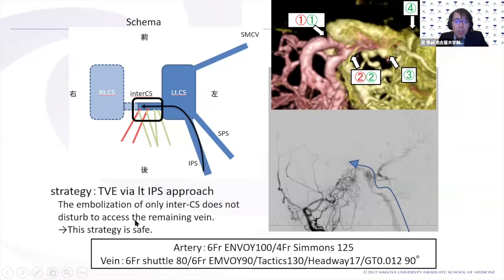So the strategy is safe. If we embolized not only the intercavernous sinus but also the left cavernous sinus, after that we could not access SPS and SMCV. It's very dangerous, but only intercavernous packing is very safe. The intercavernous sinus is here.